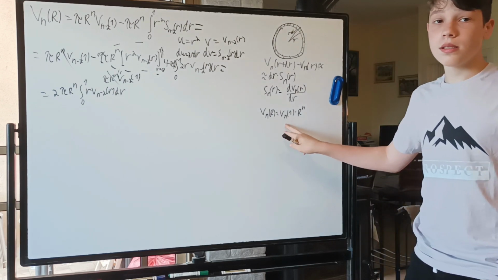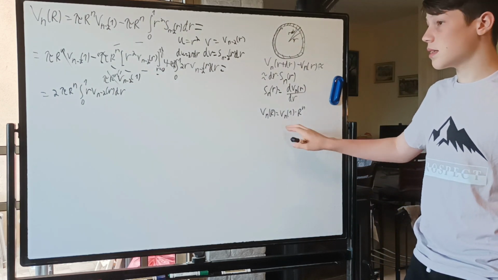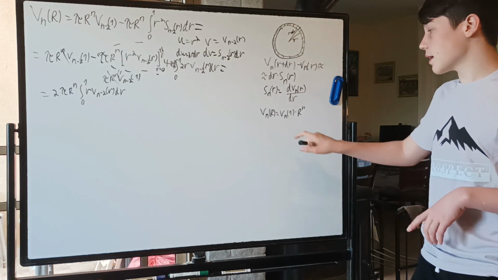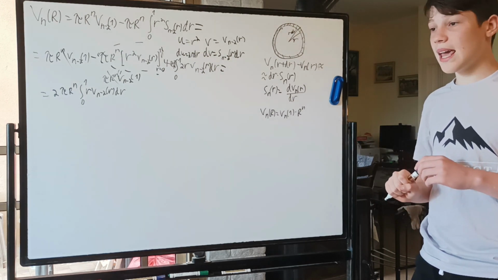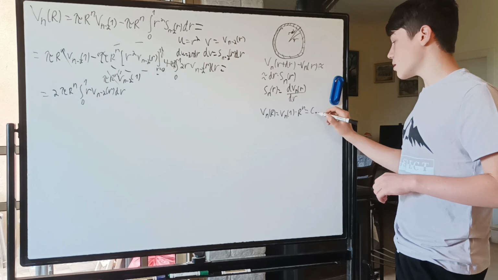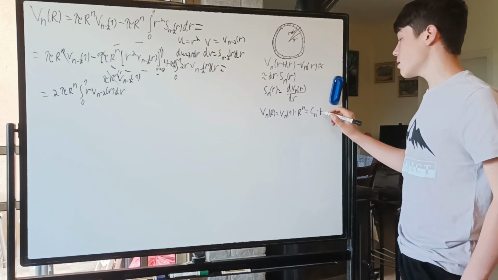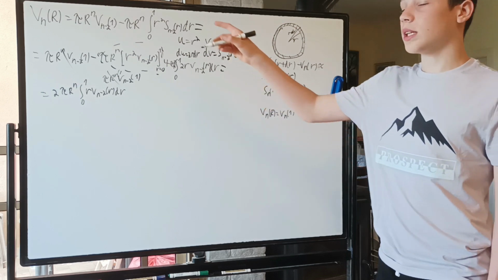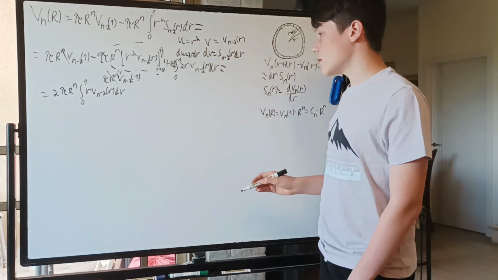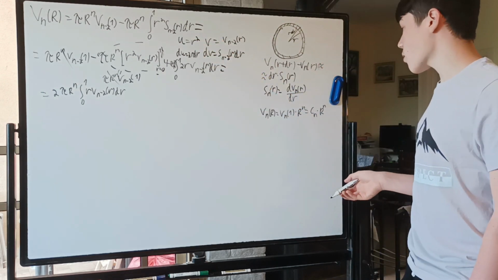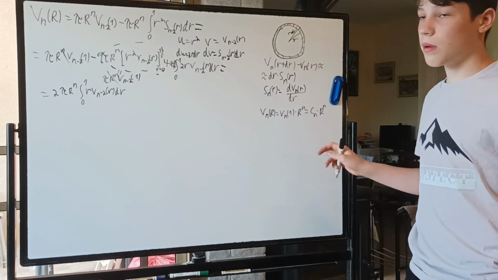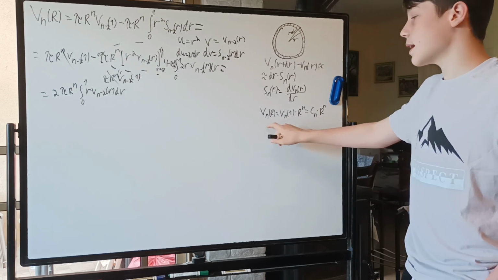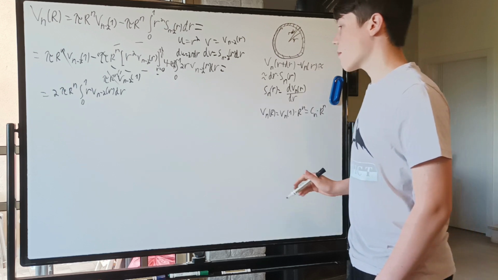But this is just a constant. The only thing that can change this value is n. So this is a constant in terms of n, C_n times r to the n. And so we can actually plug it into here. So we'll be able to get a reduction formula for C_n, and when we find C_n, we'll just multiply by r to the n to get V_n(r).